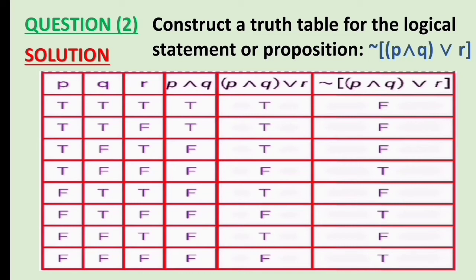Then a column for P and Q, also a column for P and Q or R. Then finally a column for the complete question, which is the negation of P and Q or R. Following the principles governing the truth tables for the various logical operations, our final answer is false, false, false, true, false, true, false, true. I hope question 2 is clear to you.